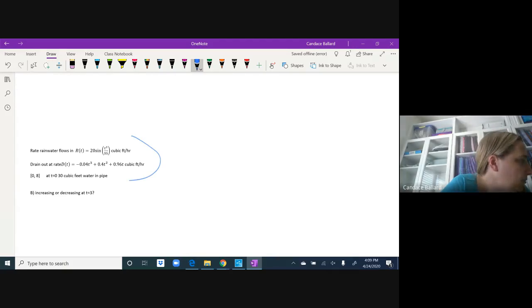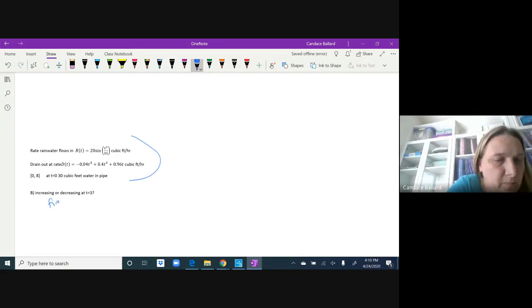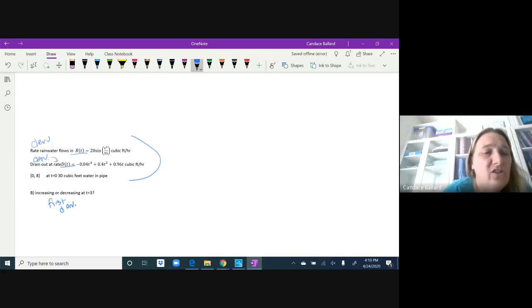Just stop me. Is the amount of water in the pipe increasing or decreasing? When we see increasing or decreasing, typically we think first derivative. But we already know that these are derivatives because we know that they're rates. So we already are in first derivative.